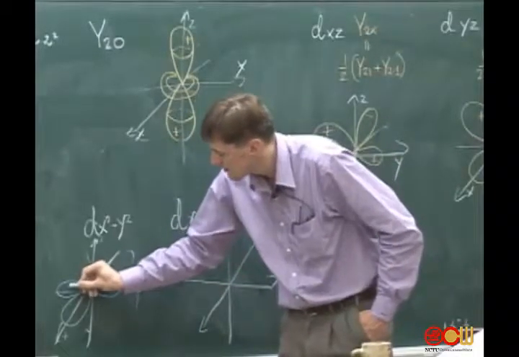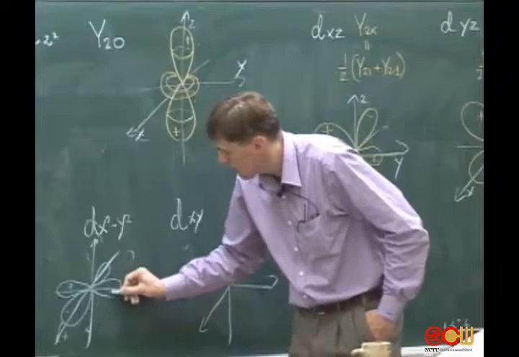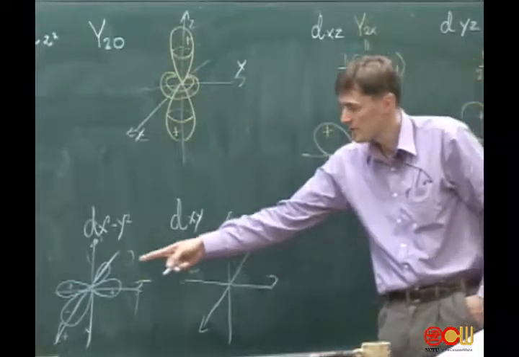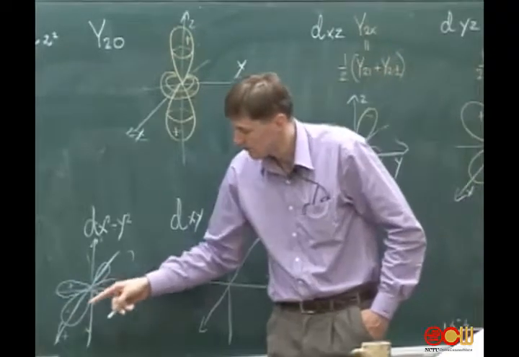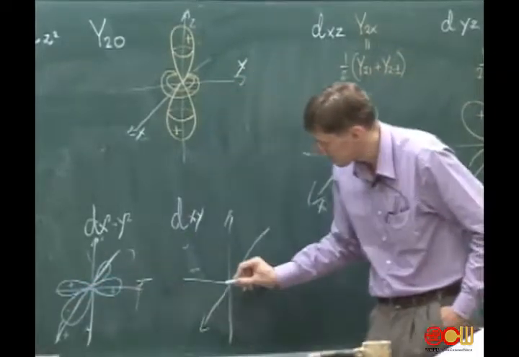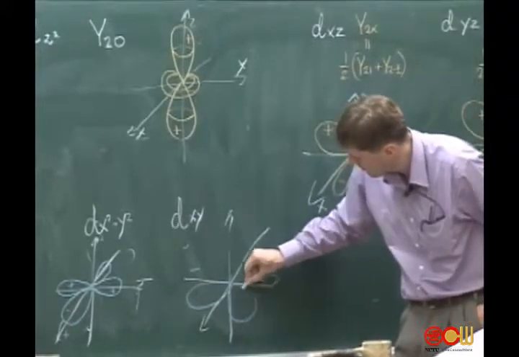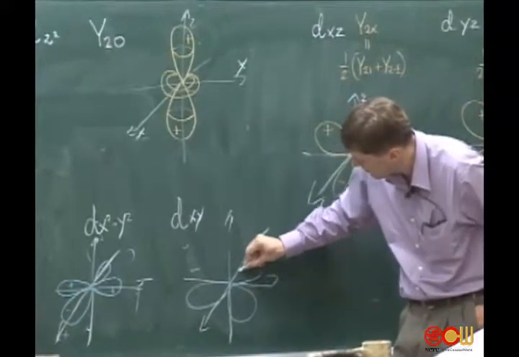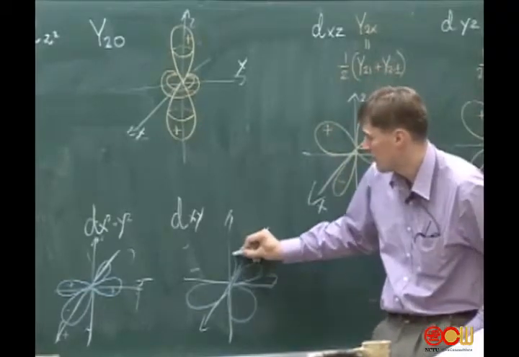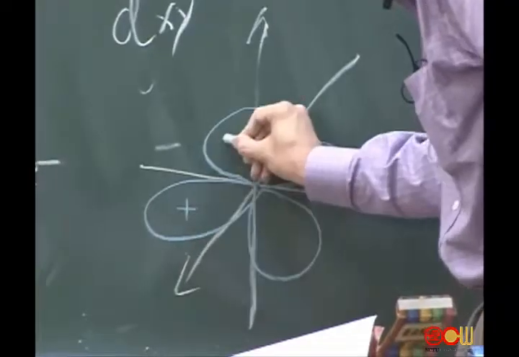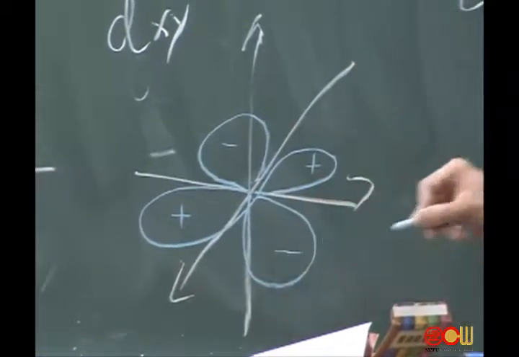With, again, plus, minus, plus, minus. And this one will be very similar, but these 4 parts are coming between the axes. So one is coming here, another one here, another one here, and one more there. Again with plus, minus, plus, minus.